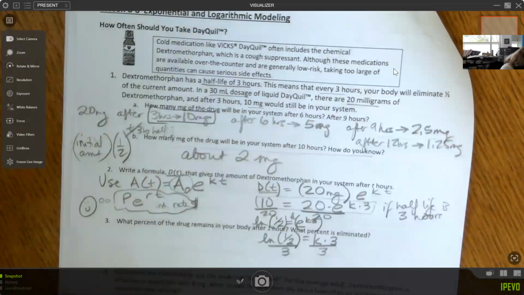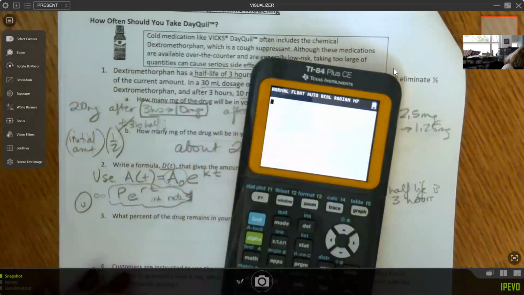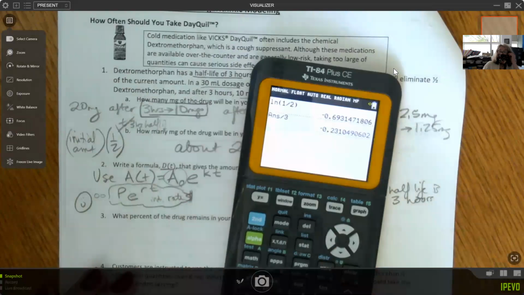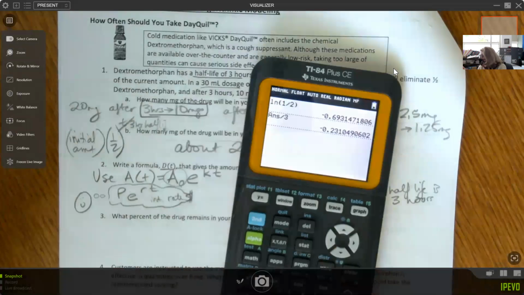So I want you to do this in your calculator. I want you to say, what's the natural log of 1/2 divided by 3? And you should get a negative number, right? Negative 0.23.